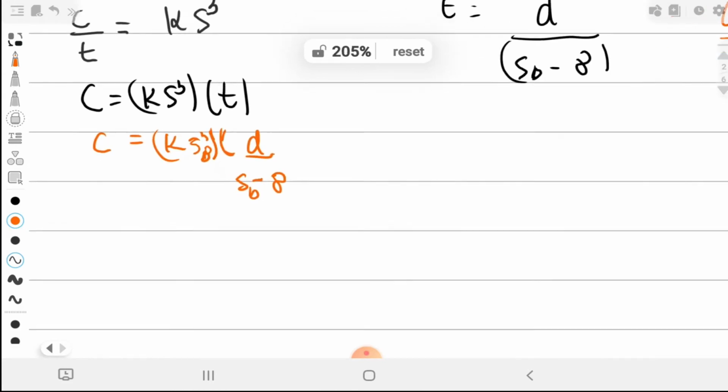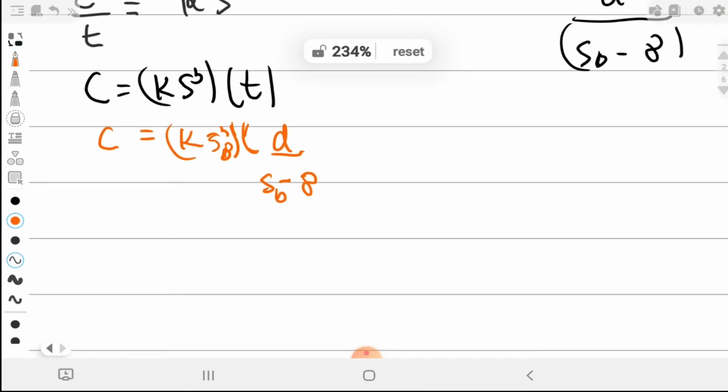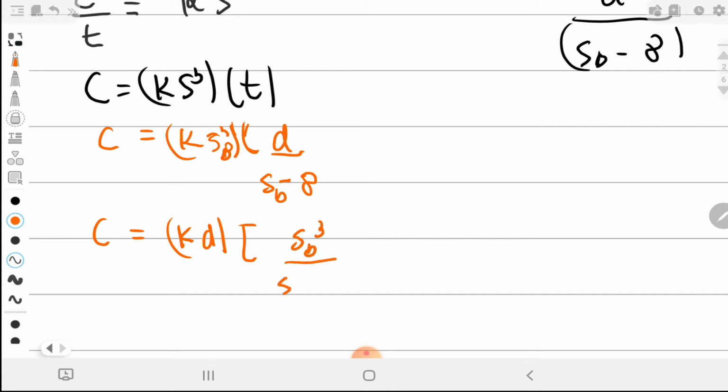So from here, let me take out the constants. C is equal to KD multiplied by SB cubed over SB minus 8.